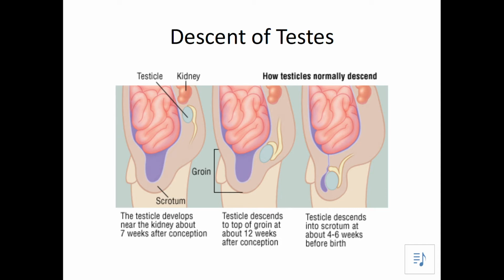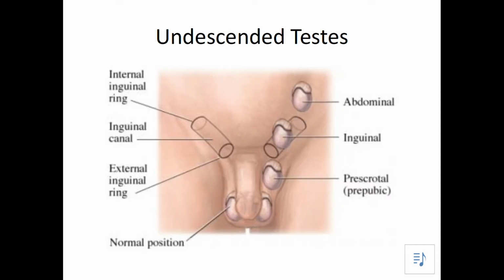It's not common for male infants to be born with undescended testes. Now, most of those infants, the testes will descend normally in the first year. If they don't, they have to be moved down into the scrotum surgically, or they will probably be infertile and have a higher risk of testicular cancer.